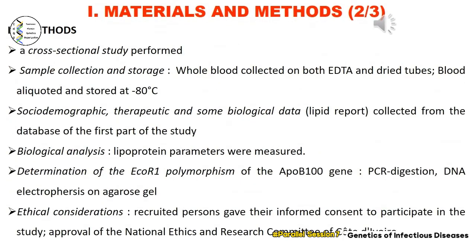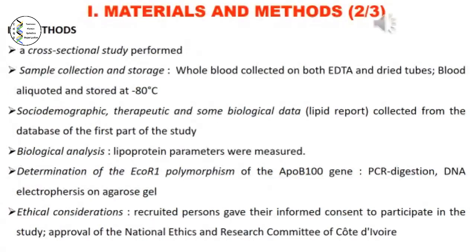We performed a cross-sectional study. Whole blood collected on EDTA and dry tubes was sent to CEDRES where aliquots were made, stored at -80 degrees Celsius, and then lipoprotein parameters were analyzed. Sociodemographic, therapeutic, and biological data were collected from the database of the first part of the study.